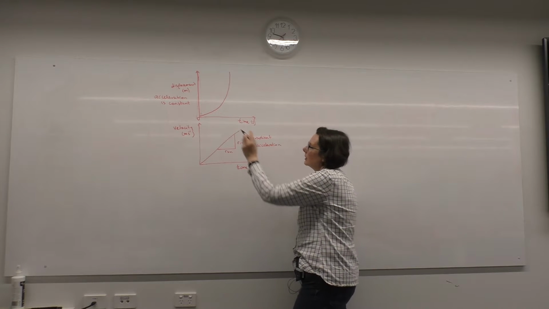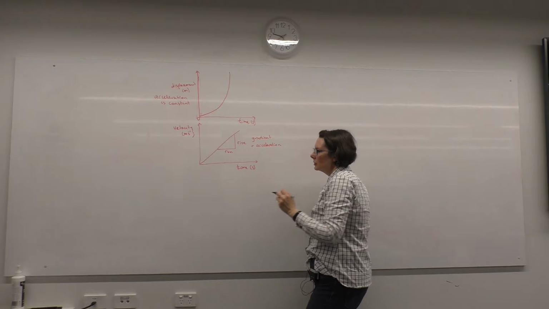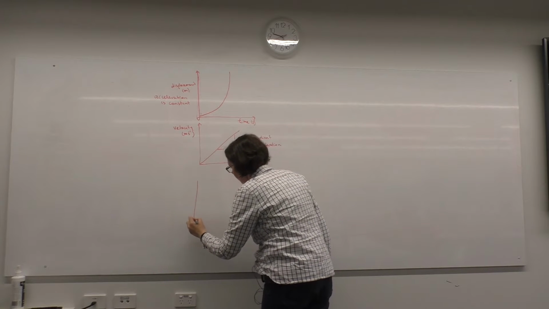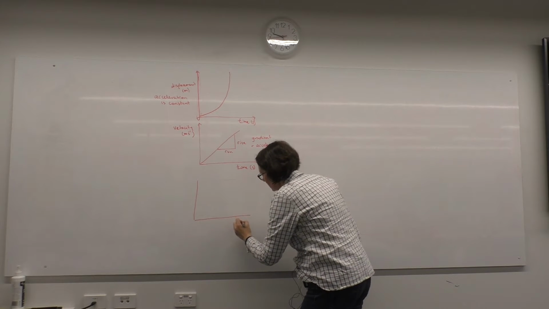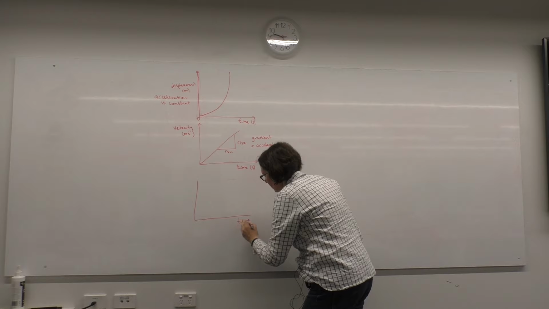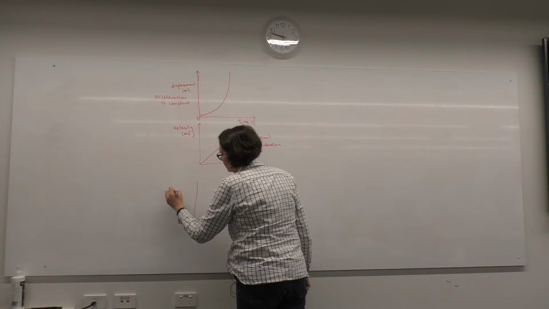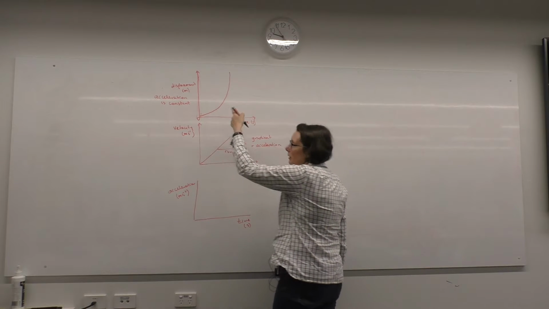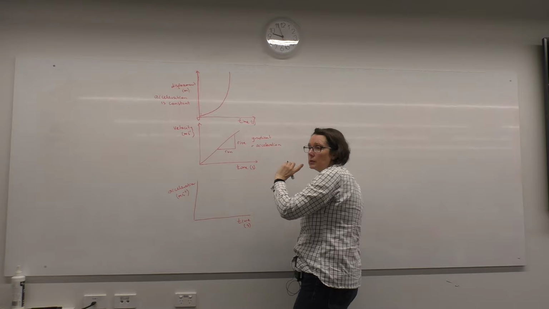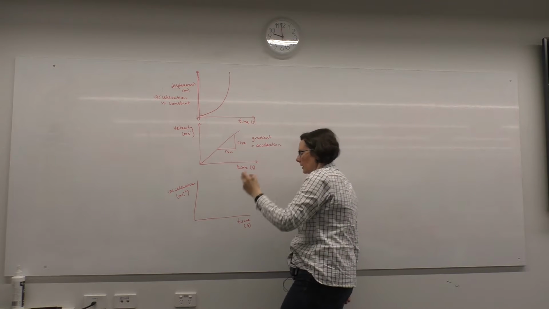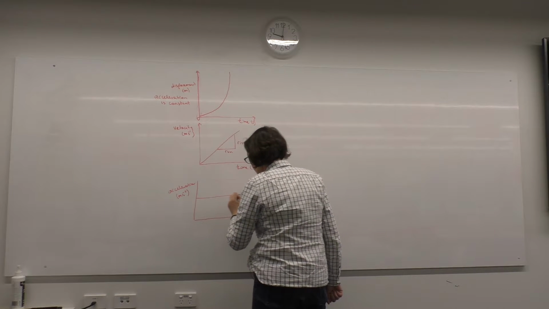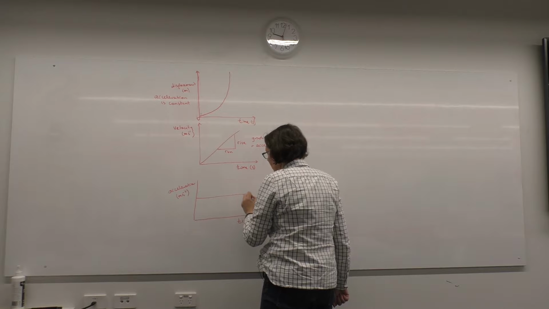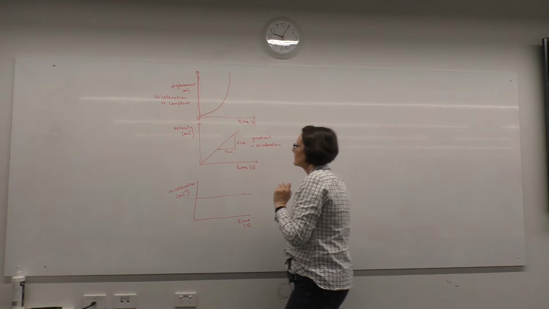Okay, so I said the acceleration was constant. So if I represent my acceleration, which is in meters per second squared, it was a positive acceleration, we decided, because our graph's going up, and so my acceleration will be a constant positive value.